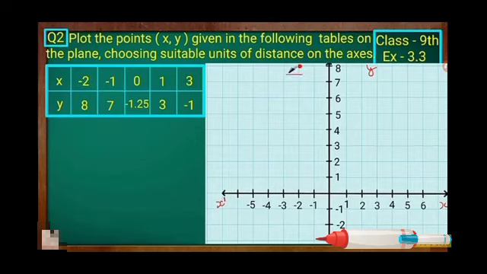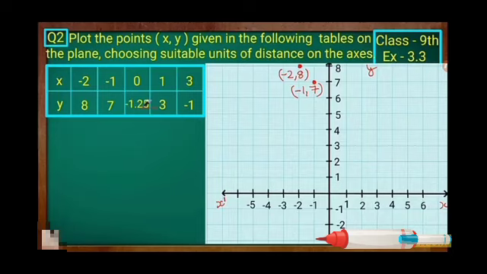Second is -1 and 7. X is -1, y is 7. Yes, this is the position for the second pair. Write the coordinates here.